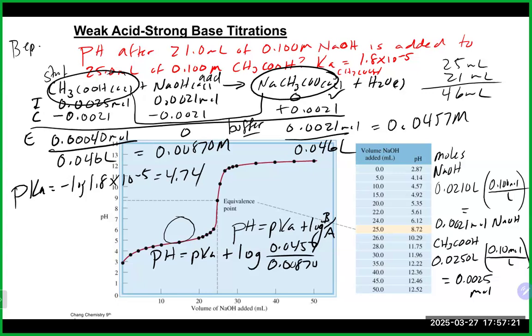Let's see. Take that, maybe divided by that. Do a little log action. And add the 4.74. And that gets us something like 5.46 as our pH, which on this particular titration does fall between those numbers. So hopefully I didn't mess it up.